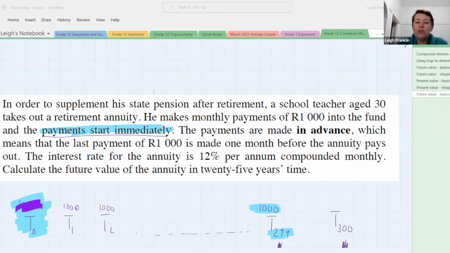So for example, if you go and buy something and they say you need to make payments in advance, it means that they need you to pay for it before you've actually used it. Does that make sense? That's what's happening. So the money is being put into the account at the beginning of the month, not at the end of the month, like it was previously.